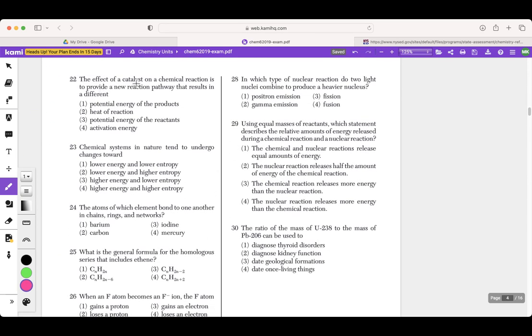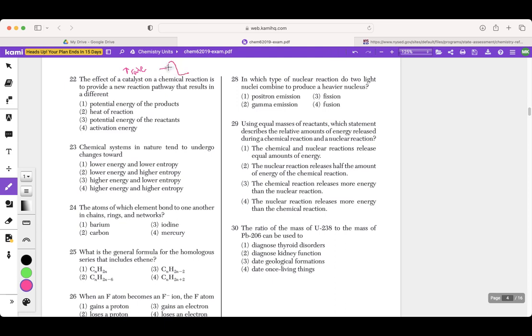Number 22, the effect of a catalyst in the chemical reaction is to provide a new reaction pathway that results in a different blank. You see catalyst, you think increase the rate of reaction. In order to increase the rate of reaction, I need to lower that activation energy.